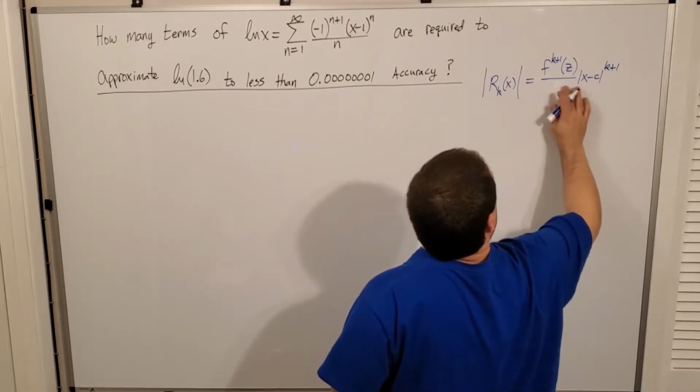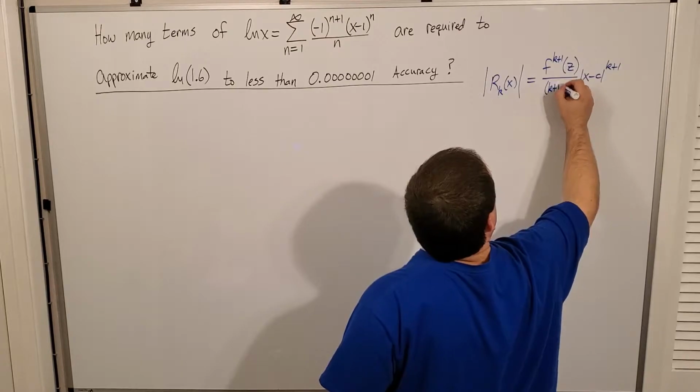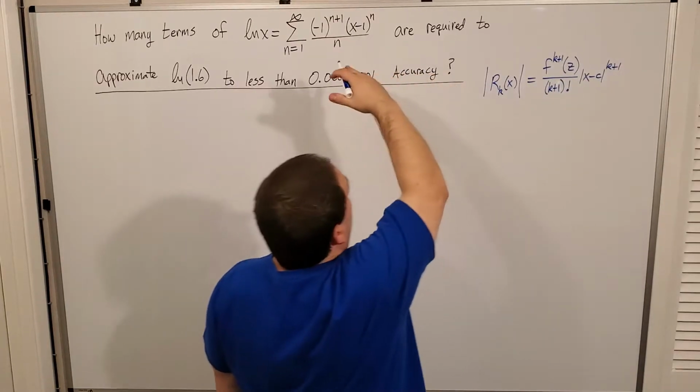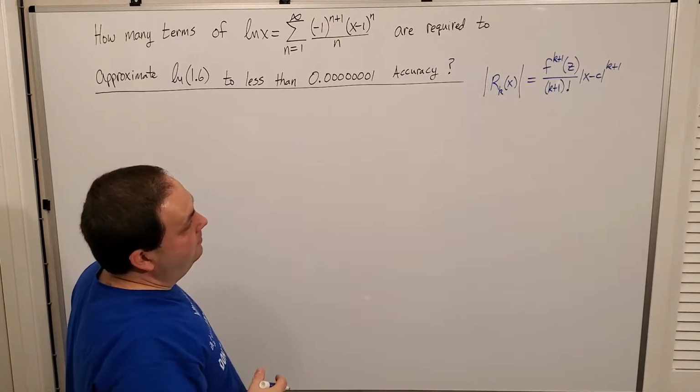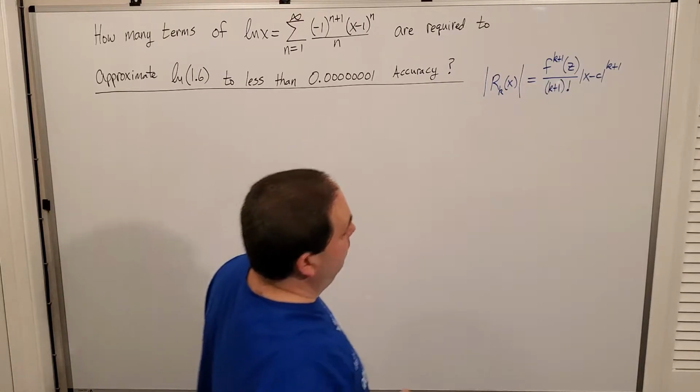And I messed up here. This is the k plus 1 factorial, my bad. I have the other one in my mind for some reason.